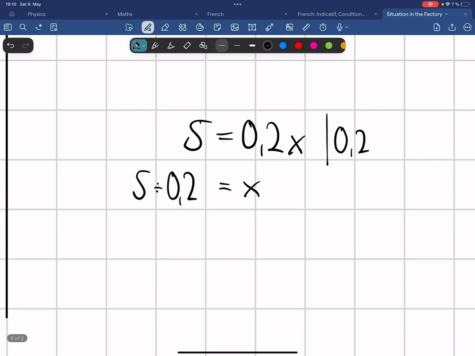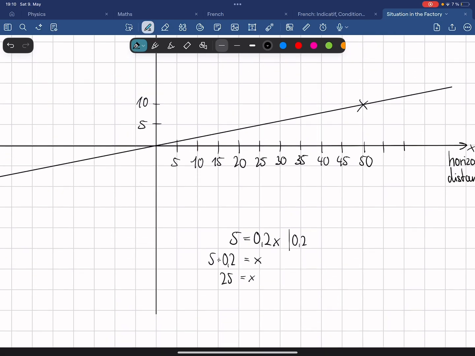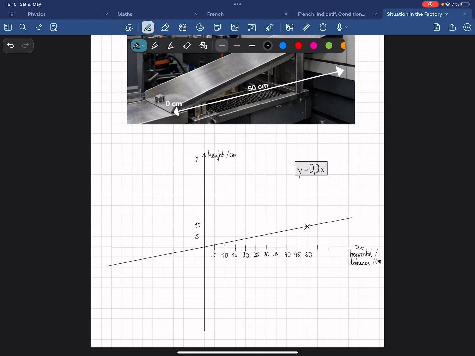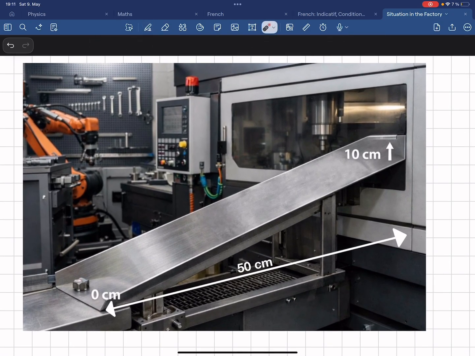And now if we do that, we will basically get 25 equals x. So again, we proved that it's the correct linear function, and that is basically it. So now we know that we have our linear function, and we know that this slope has a gradient of 0.2.